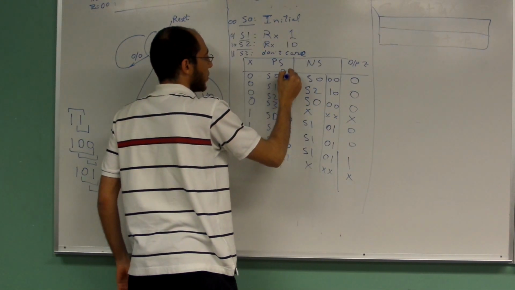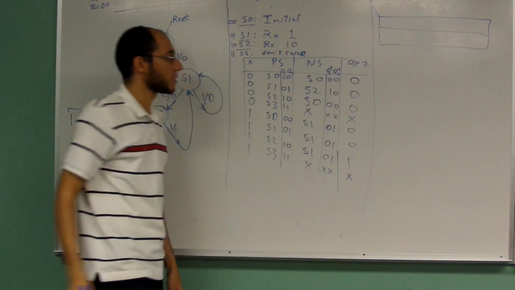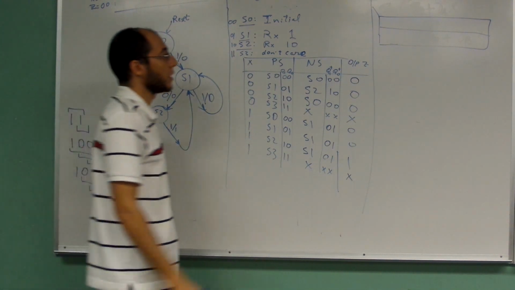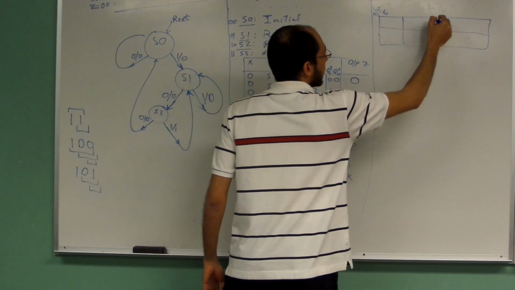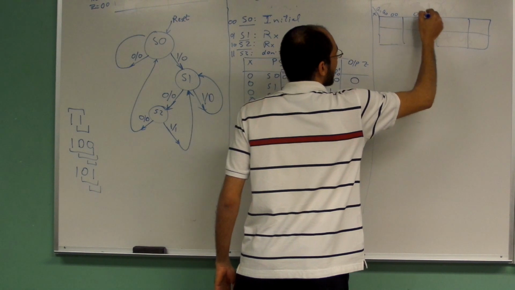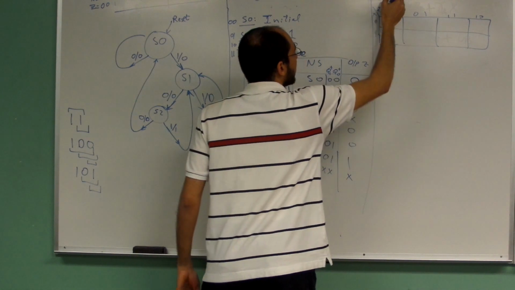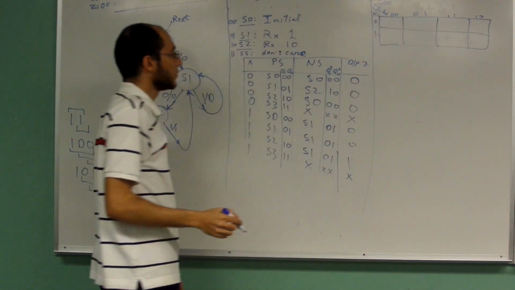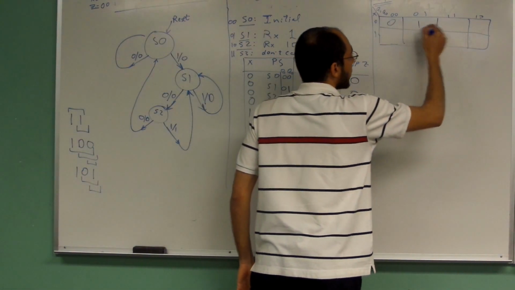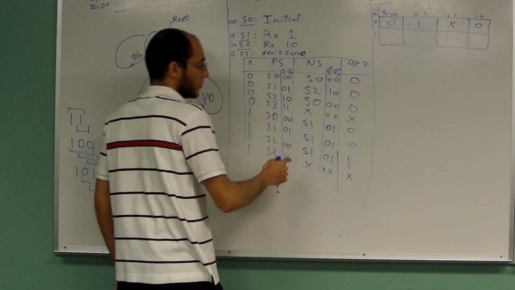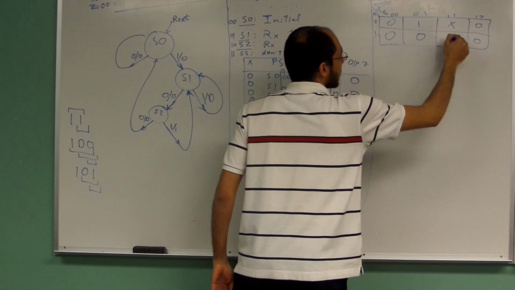This is Q1, Q0, Q1 plus, Q0 plus, as before. Okay? This is X, Q1, Q0, 0, 0, 0, 1, 1, 1, 1, 0, 0, and 1. And this is for D1. Okay? 0, 1, 0, don't care. 0, 1, 0, don't care. 0, 0, 0, don't care. 0, 0, 0, don't care.